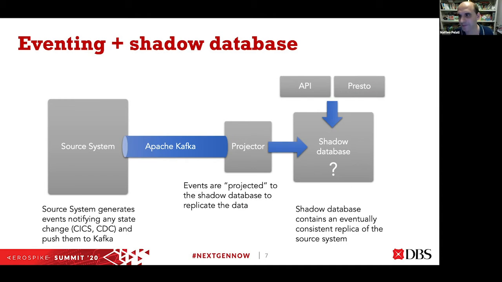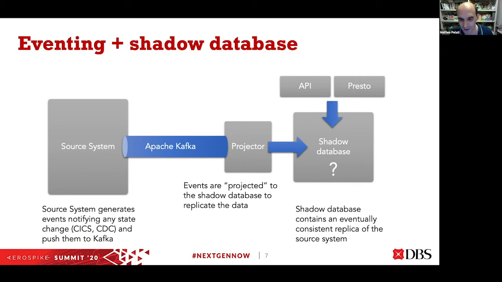Now the idea that we came up with is, why not have a shadow database that is capable of replicating the state of the source system at that particular point in time. So if I take the example before, where we have the address update and the phone number update, what we would be doing in this case is projecting this data into a database where we apply the changes to an existing record.